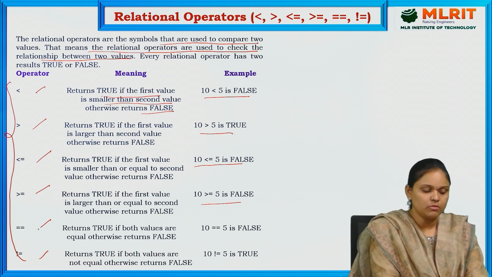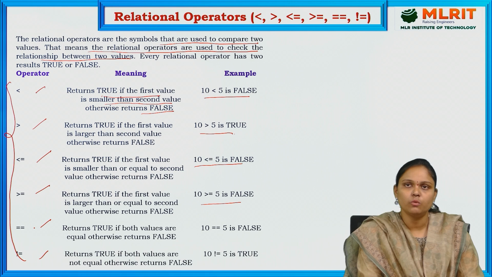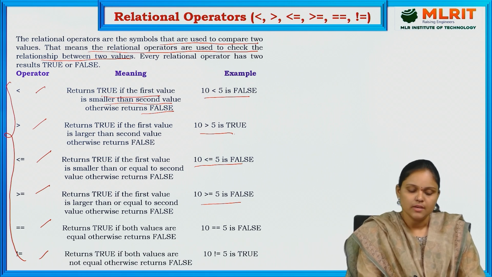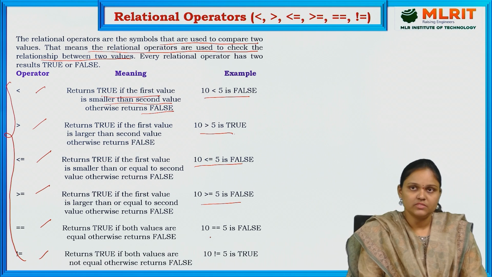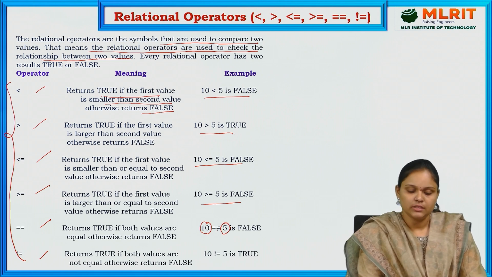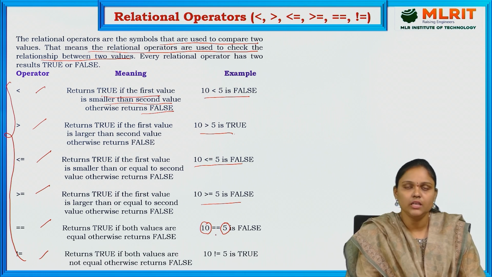Double equals to is also called the equality operator. Double equals to and not equals to come under equality operators. The double equals to operator is also known as a comparison operator. It will check the two values, and by using this symbol we are telling whether the numbers are equal or not.